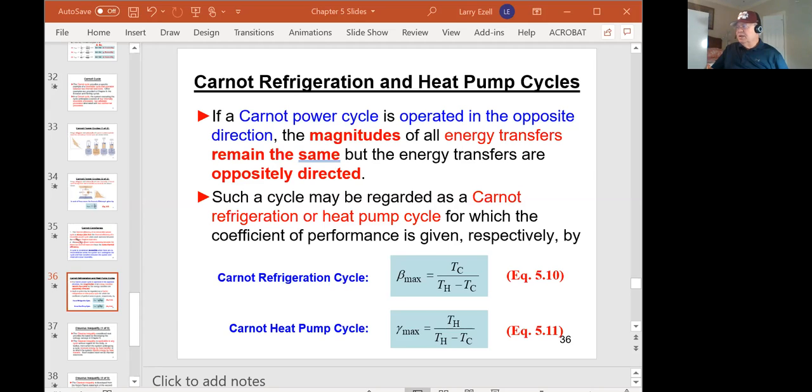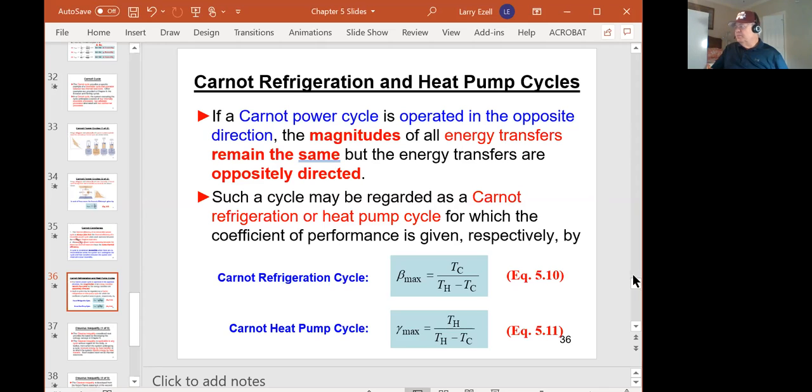Up here in the condenser, the QH is going to the outside. And the QC is going into the evaporator, taking the heat from the space we want to cool. So the heat flow is opposite. Instead of a turbine, you have a compressor. So instead of getting work out of this cycle, we have to put work in.